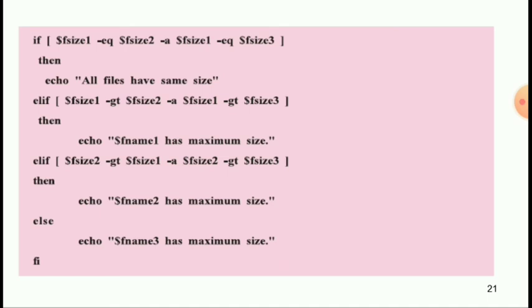First is file 1 is maximum, second is file 2 has maximum, otherwise echo $fname3 has maximum size, and then fi. So that is the comparison for file 1, file 2 and file 3.